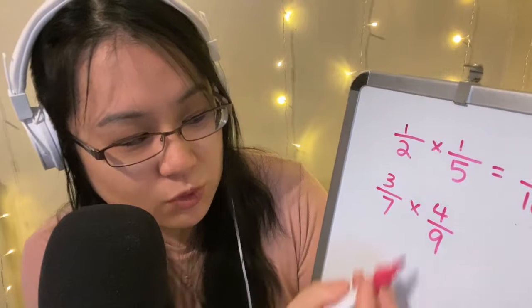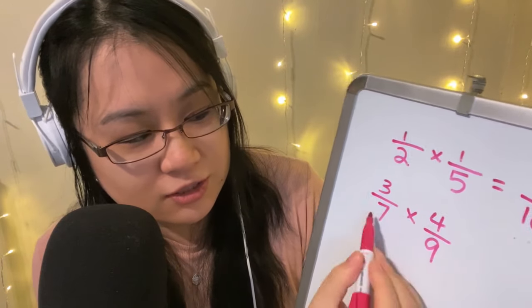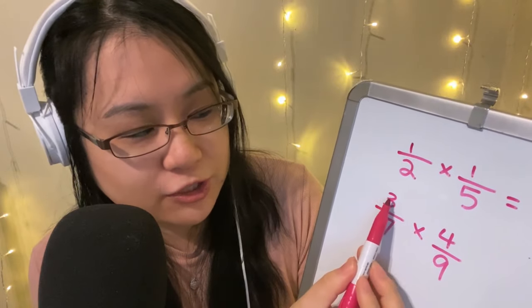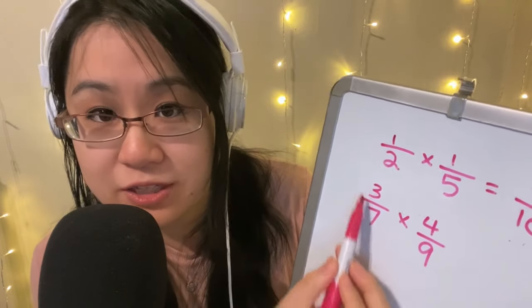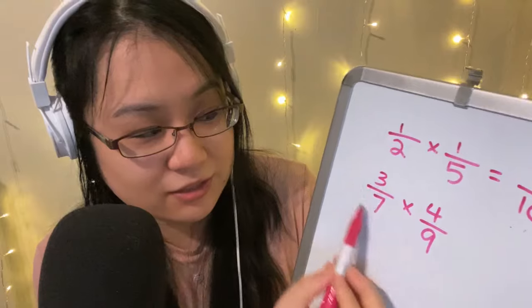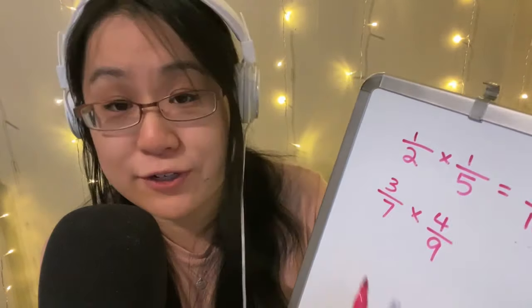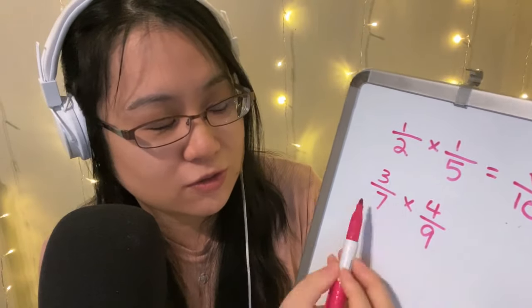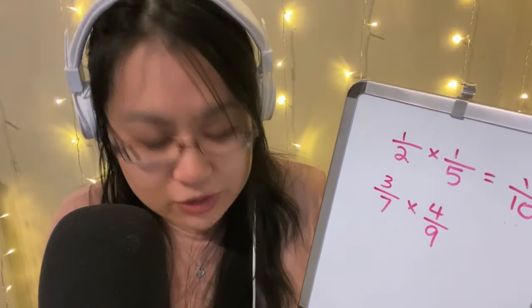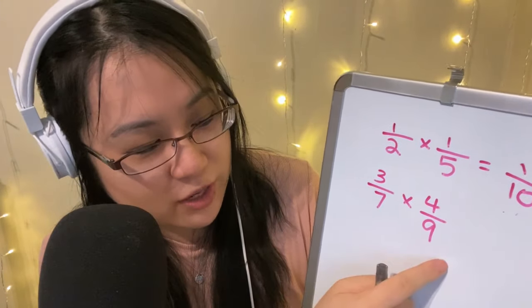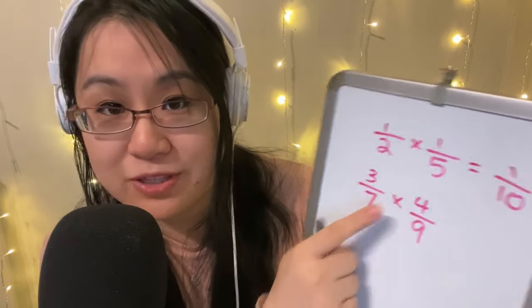So in this case, we would check across, canceling across. And of course, if you actually have something like 3 over 6 that you can simplify in itself, you can also simplify it first if you want. So this is where we can look across, or we can look up and down. But cross-canceling is about looking at the top of this one and the bottom of this one, the top of this one, the bottom of this one.